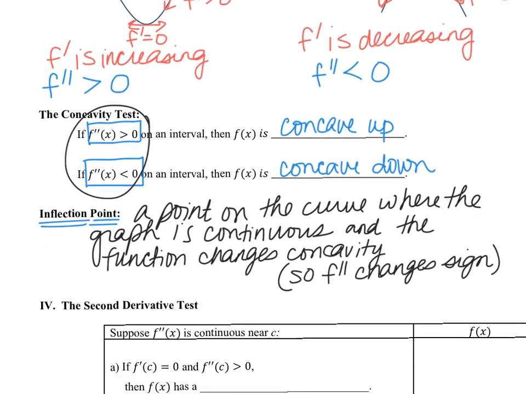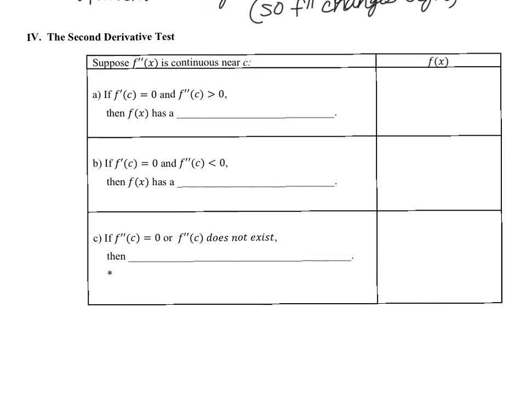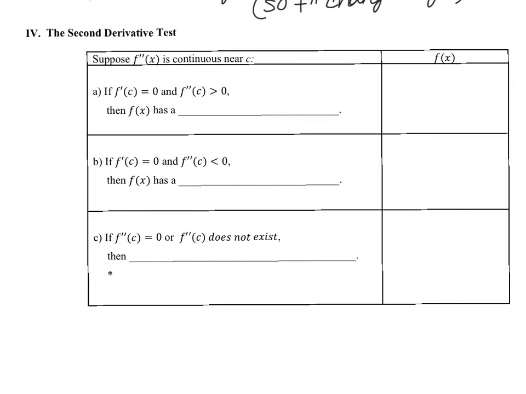Now let's move on to what's called the second derivative test. We've previously looked at the first derivative test in another video, so now we can take a look at the second derivative test.